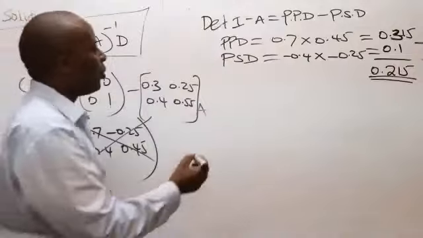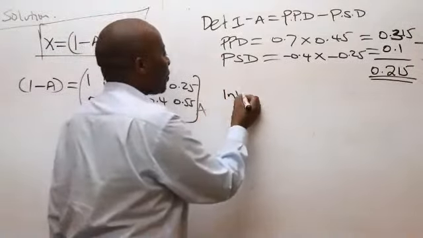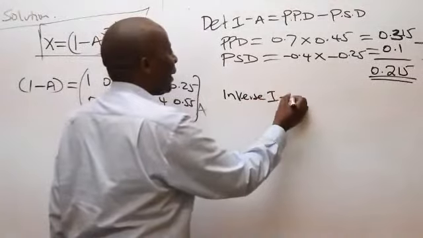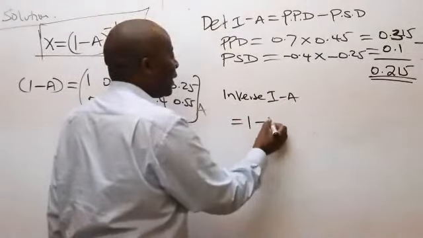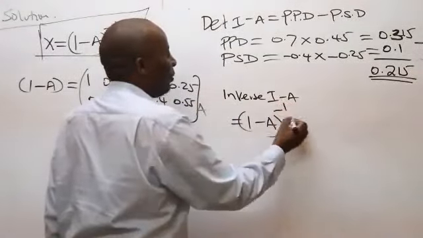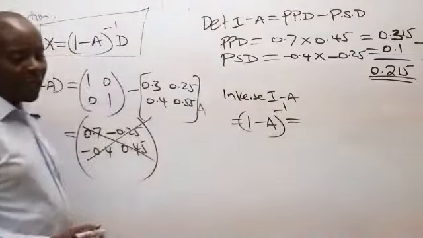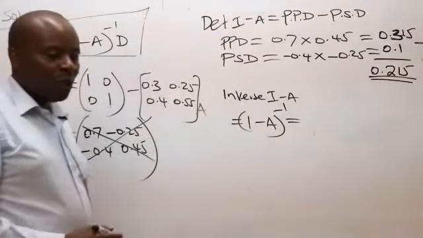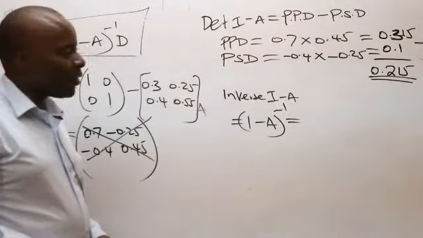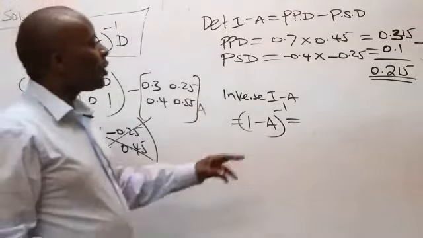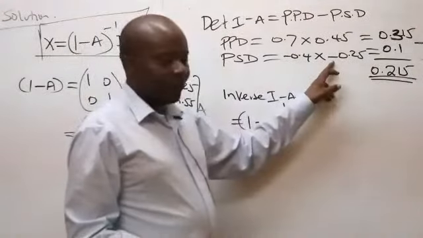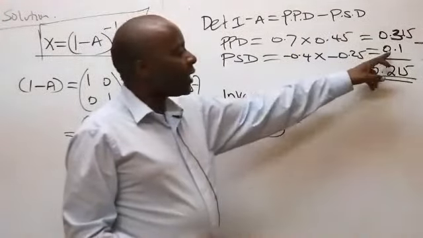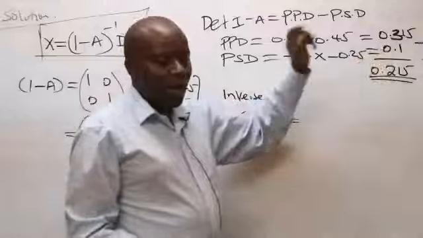And therefore, the inverse of I minus A, which is written like this, will be equal to who? A user says it should be 0.415. That's wrong, look. Multiplying these two gives a positive, so the answer for the 0.1 should be positive.